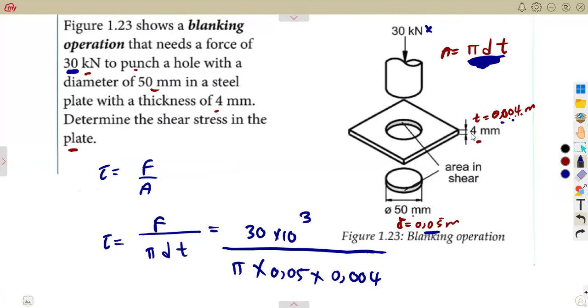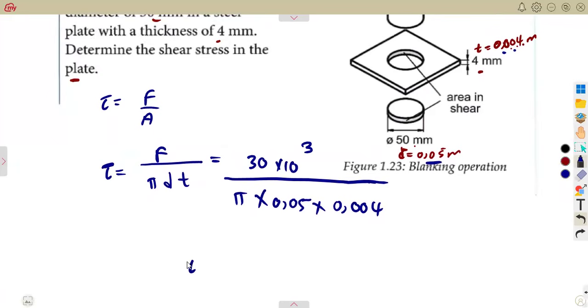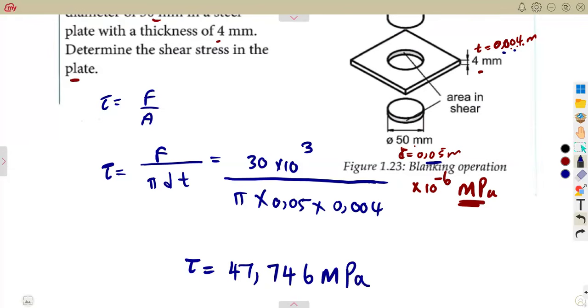From this, we are going to obtain our shear stress, which is supposed to be in megapascal, times 10 to the exponent of -6, in megapascal. That was going to give us 47,746 megapascal. The moment you multiply by 10 to the exponent of -6, that is automatically giving us megapascal at the end.